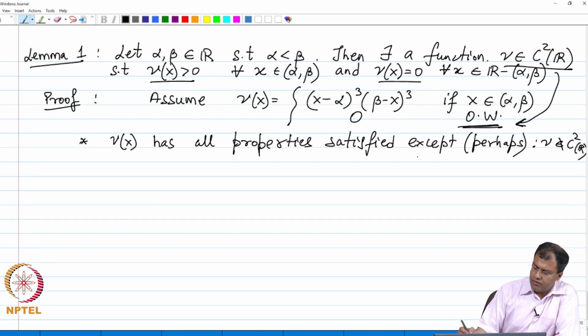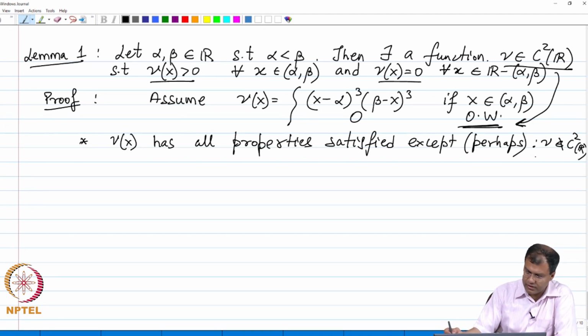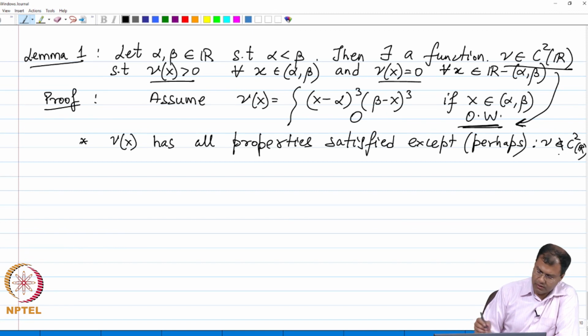Well, we are not sure unless and until we have shown that it is second order differentiable, right, second order differentiable. Okay. So, let us now calculate the first and the second derivative of this function.